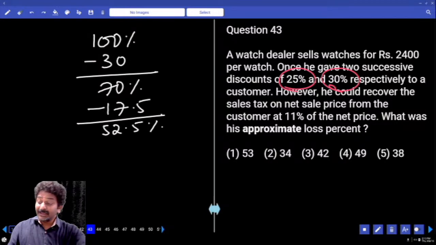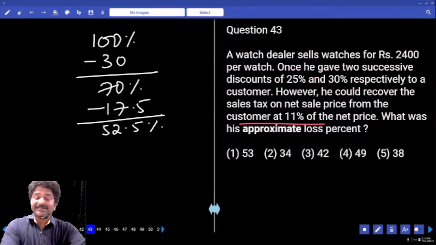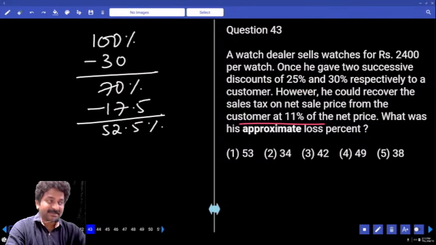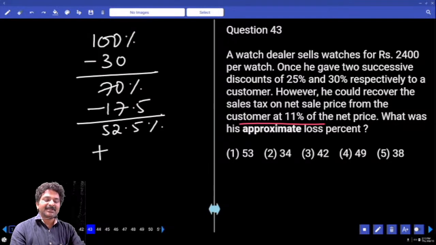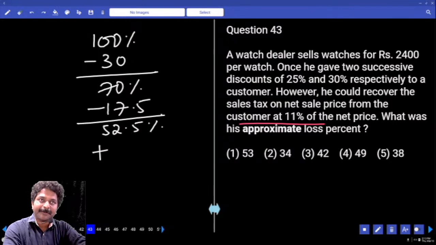But now he will get a sales tax of 11% on the net price. What is our net price? 52.5. Sales tax, in the sense, do we have to add or subtract? If it is a discount, we have to subtract. But because this is a tax, we have to add the money. Correct? What percentage is that?